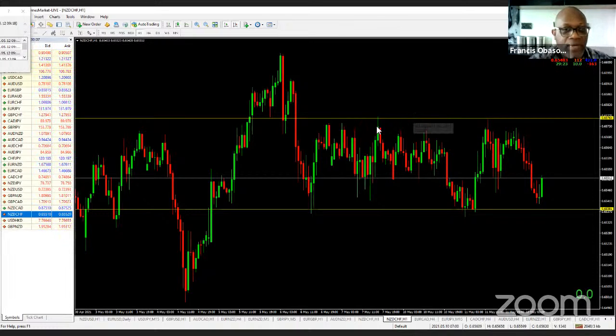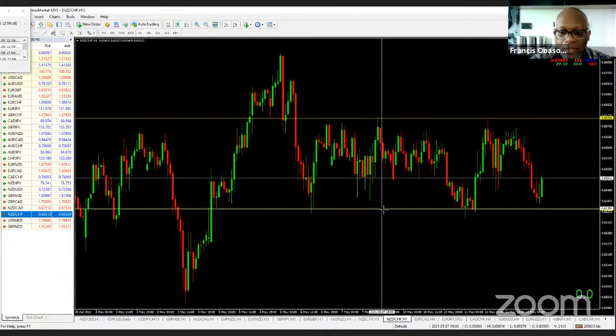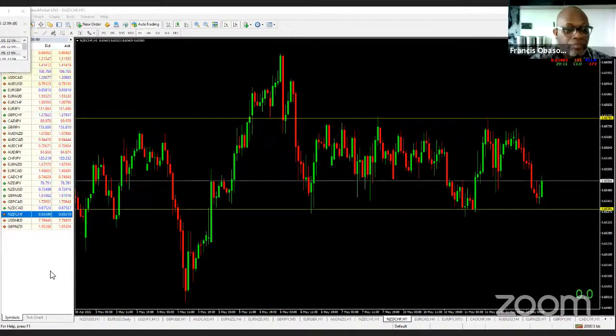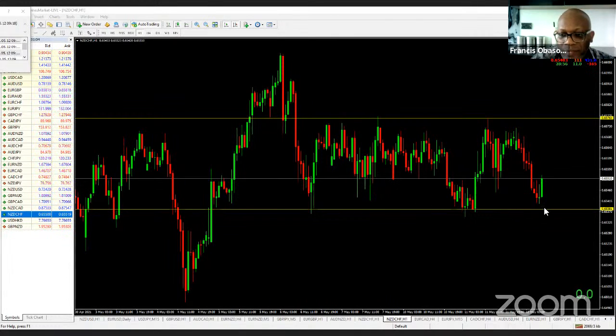It has been trading within this range, which is about a 30 pip range, well, 36 pip range. But no, I'm not trading that.